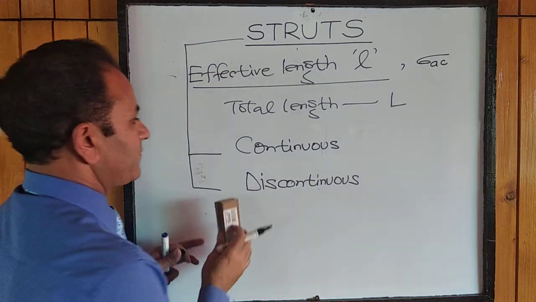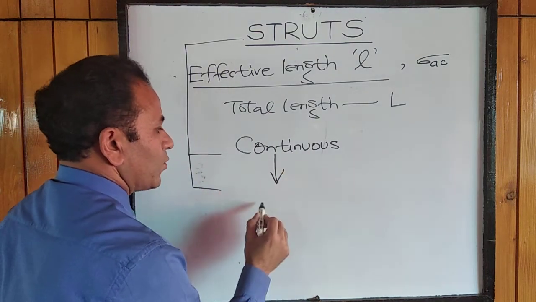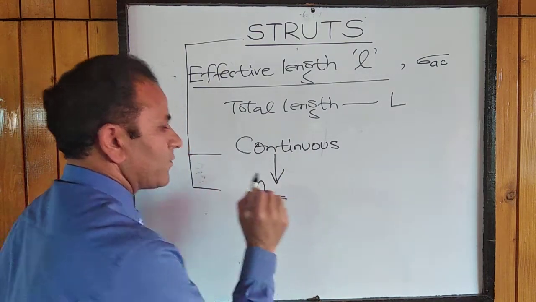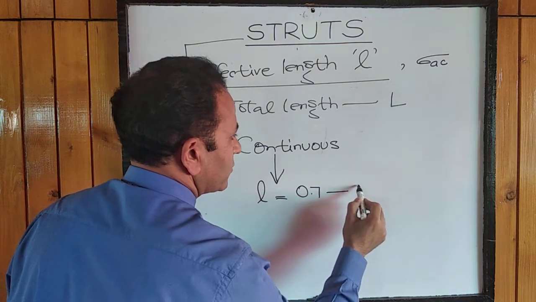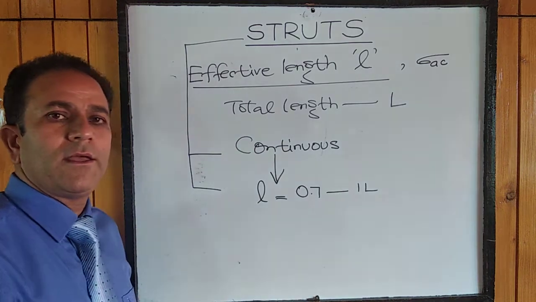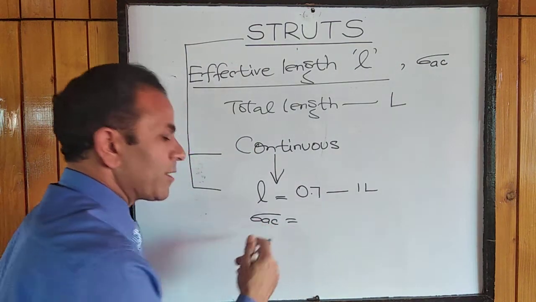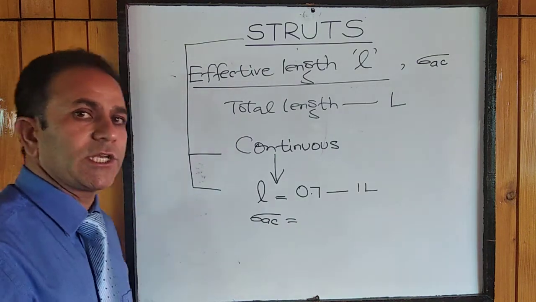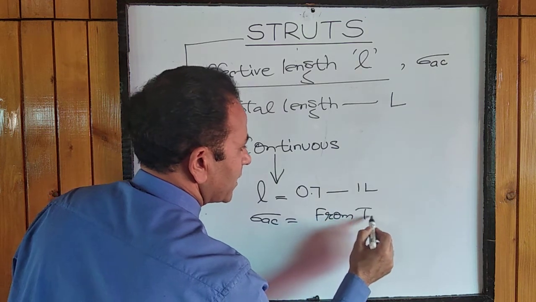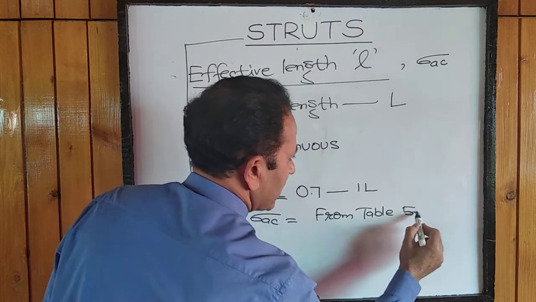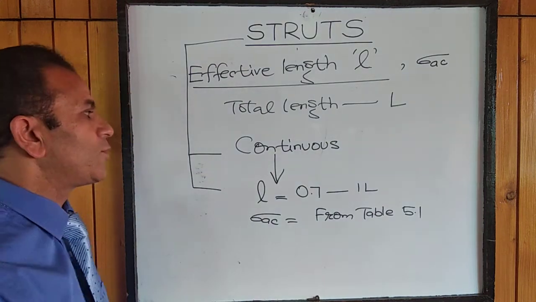For example, if the member is a continuous member, according to IS code, the effective length for that continuous member will range from 0.7 to 1 L. Sigma AC, that is the permissible stress in the strut in axial compression, shall be taken directly from the table, that is IS code table 5.1. This is the provision if the strut is a continuous one.